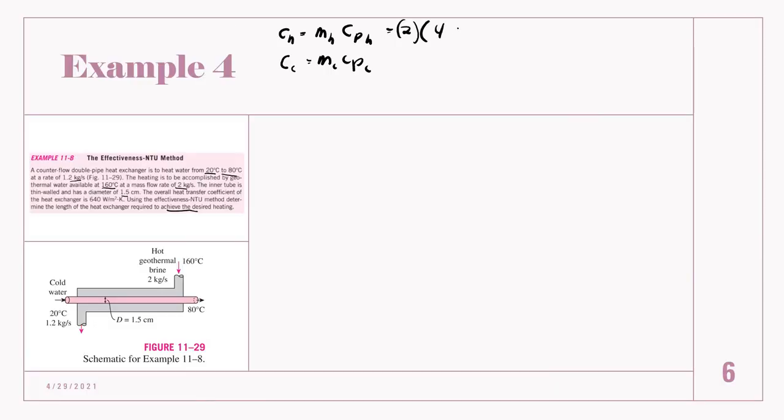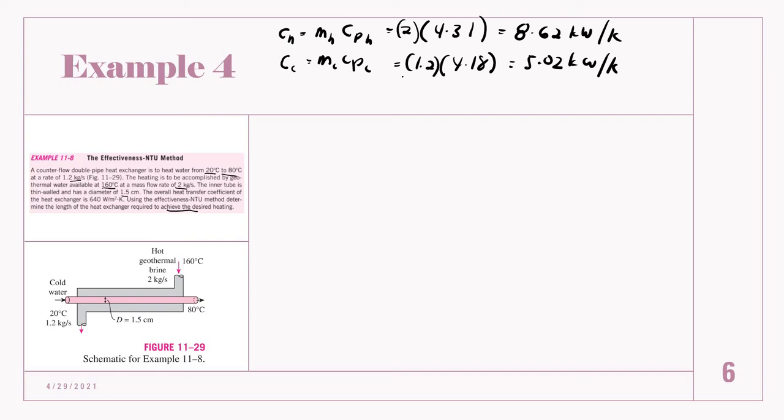Multiplying by 4.31, you get 8.62 kilowatt over Kelvin. For the water, we have a 1.2 mass flow rate times 4.18, and we get 5.02 kilowatt over K.